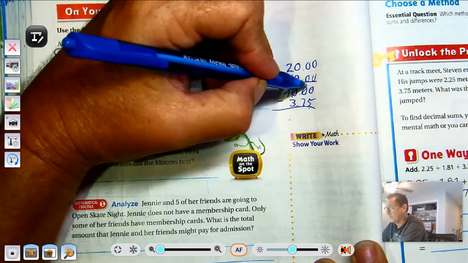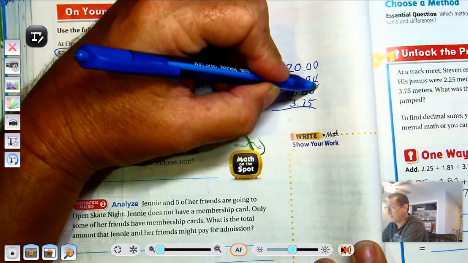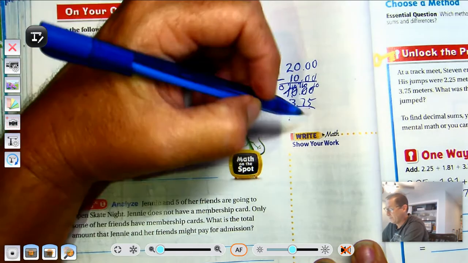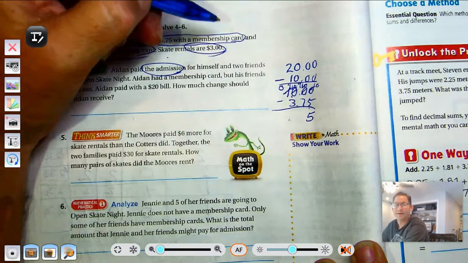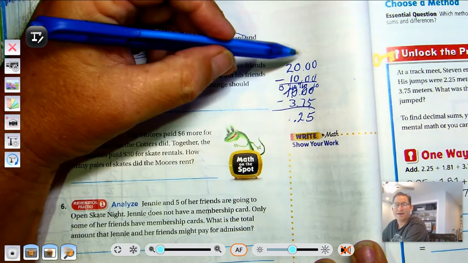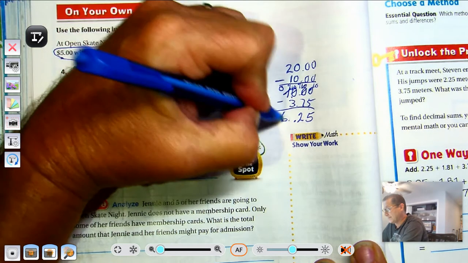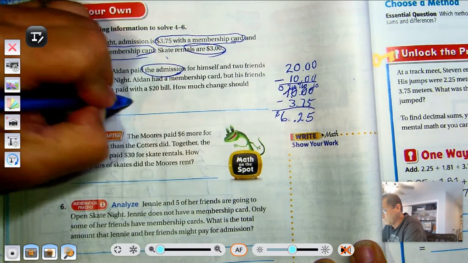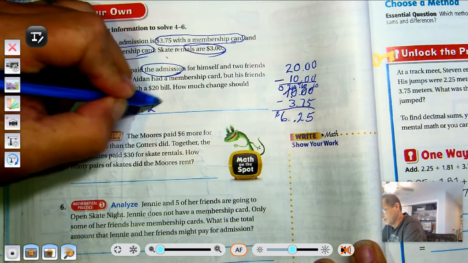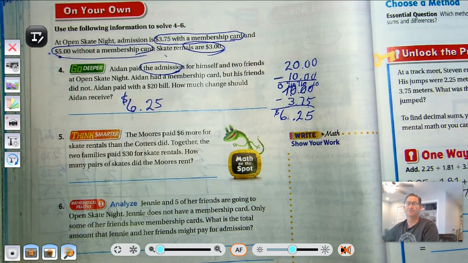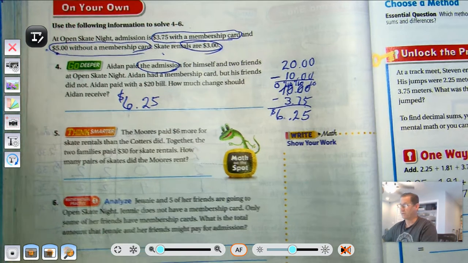And now I can exchange one of the tenths for 10 hundredths. All right, now we can subtract. 10 take away 5 is 5. 9 tenths take away 7 tenths is 2 tenths. And 9 ones take away 3 ones is 6. So he should receive $6.25 in change.